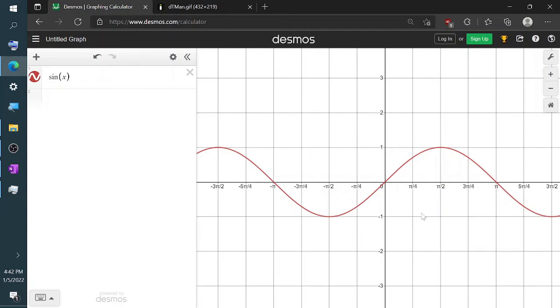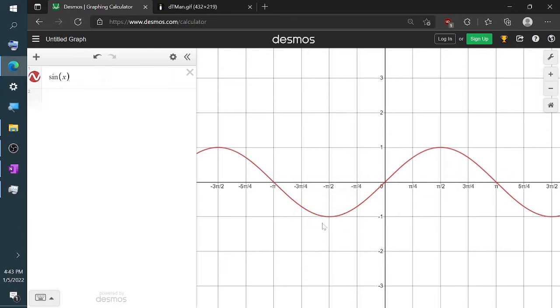Odd functions, their graphs had the property that if you rotated them 180 degrees, then you would get exactly the same picture that you started out with. And we can see that in this picture as well. If I rotate the graph of sine 180 degrees, then the result will be exactly the same as it was when we started.